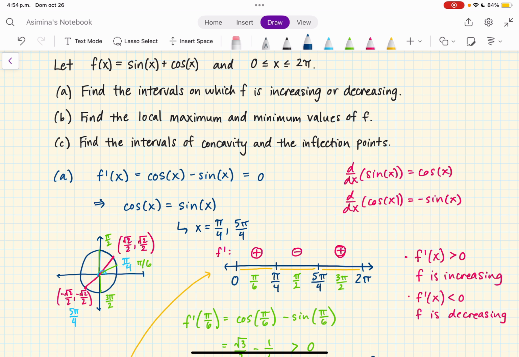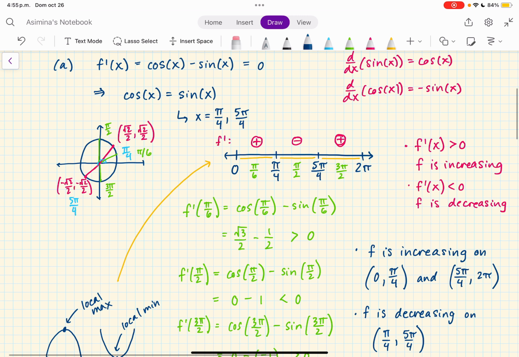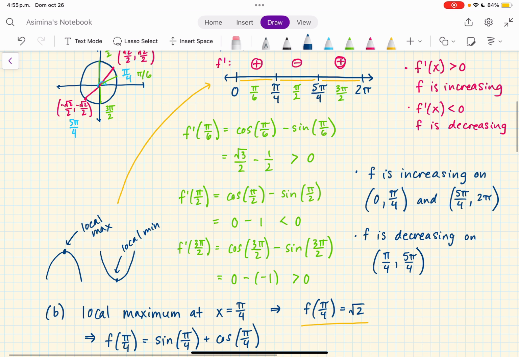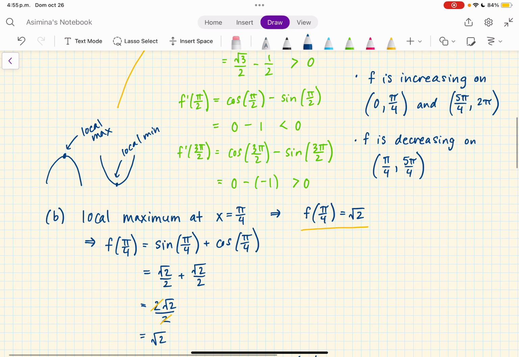Then we plot those and plug certain values in to the first derivative to see which intervals the function is increasing or decreasing on, or in other words, to see where the derivative is positive or negative. That gives us the intervals for which f is increasing or decreasing. Then to find the local maximum and minimum values, we just check to see when the function f goes from increasing to decreasing. And so by doing so, we were able to find the local maximum and the local minimum.